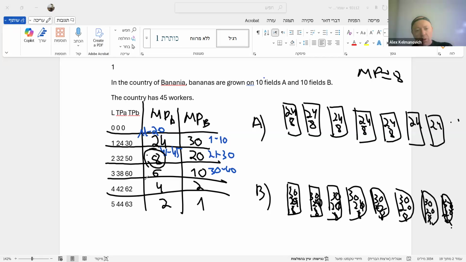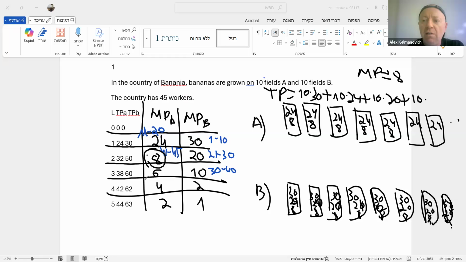Next question, what is the total product of our kibbutz? We just summarize all the labors. We have 10 labors of 30, and after that 10 labors of 24, and 10 labors of 20, and 10 labors of 10, and finally 5 labors of 8.